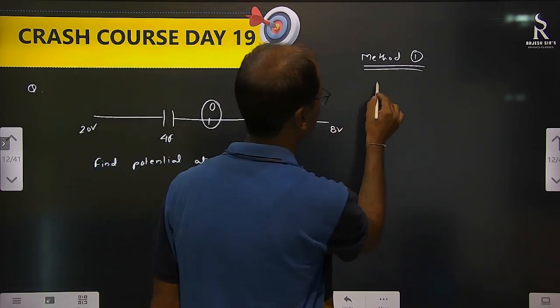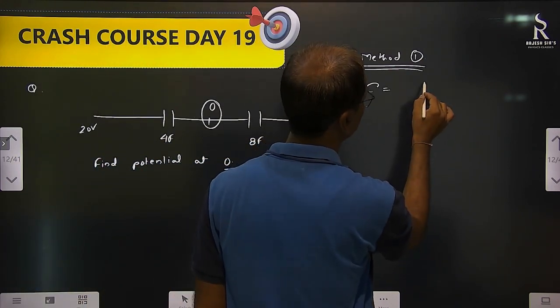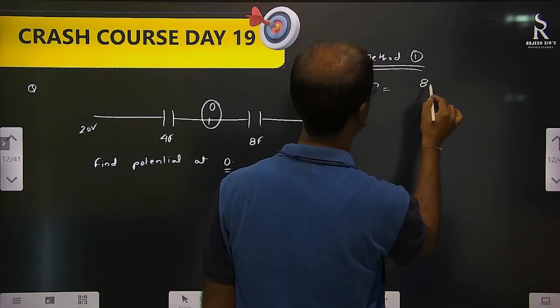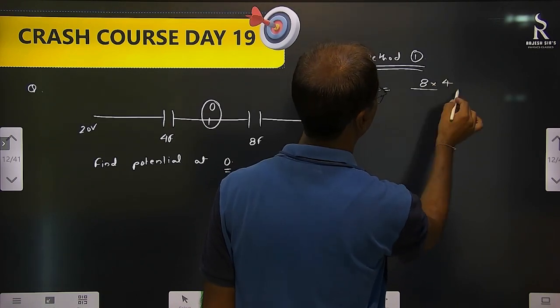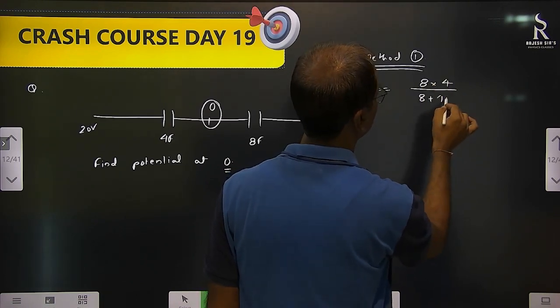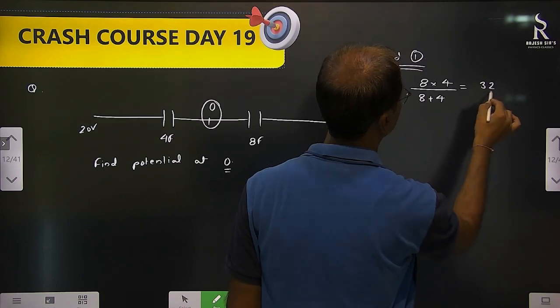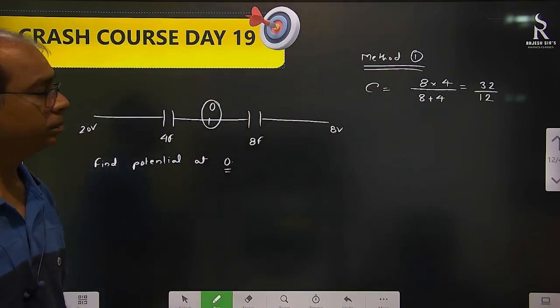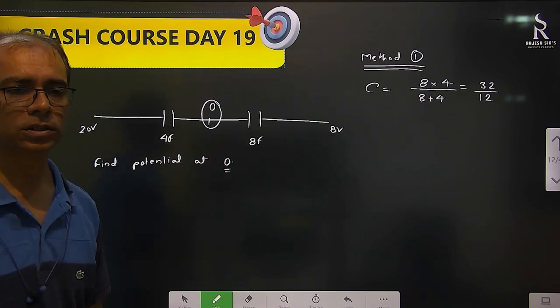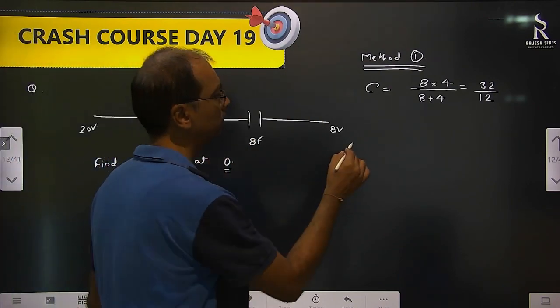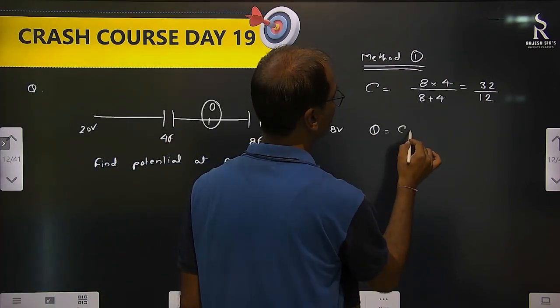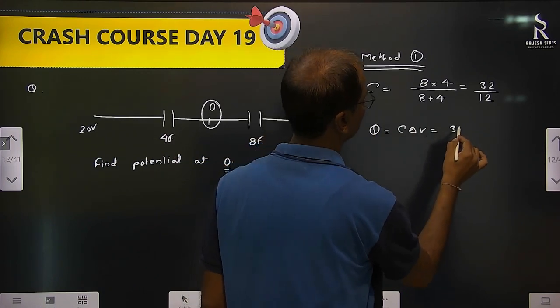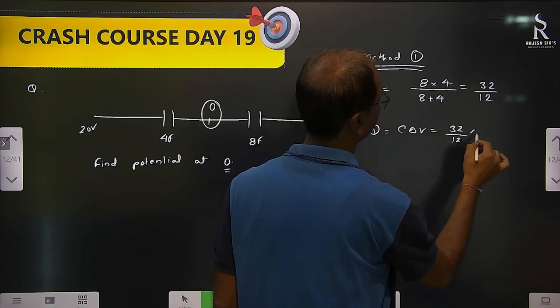So what is C? C1, C2 by C1 plus C2. That is 8 into 4 by 8 plus 4. That is 32 by 12. Net capacitance. What is the potential difference across this? 12. So charge will be Q equal to C delta V. 32 by 12 into 12.